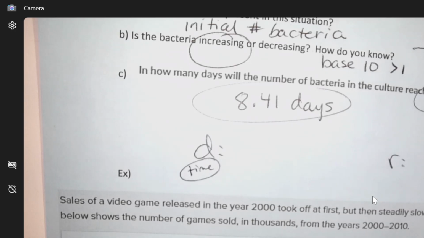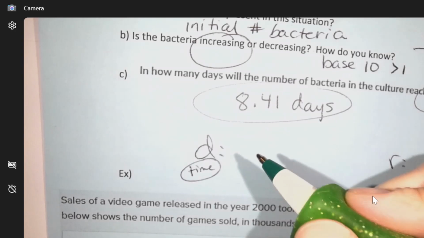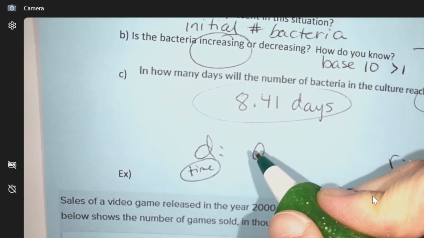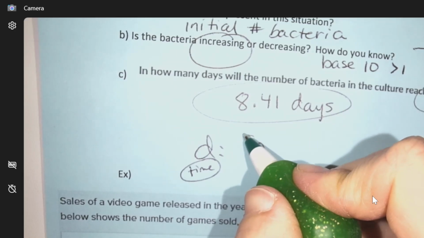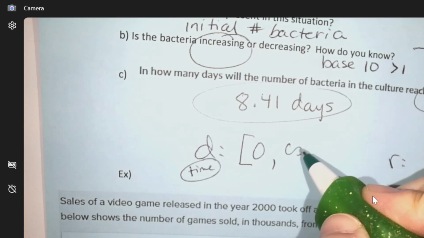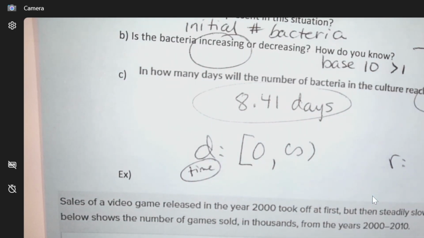Days. What was the first day we started counting with? On day 0. Were we on exactly day 0? Yes, we started exactly at the start. Was there a point where we had to stop? No, we didn't stop our experiment.